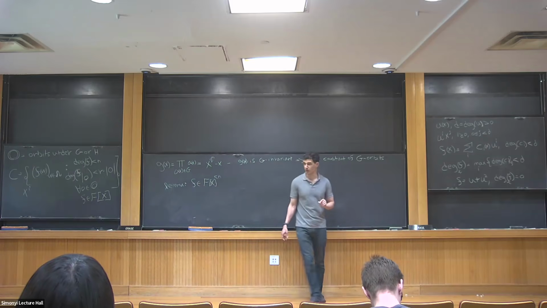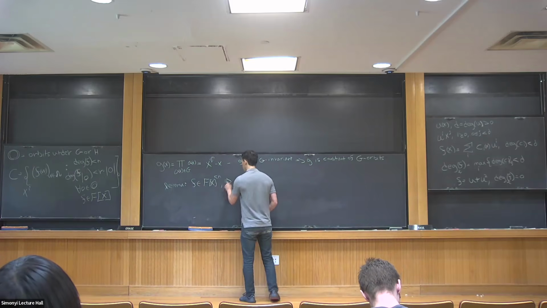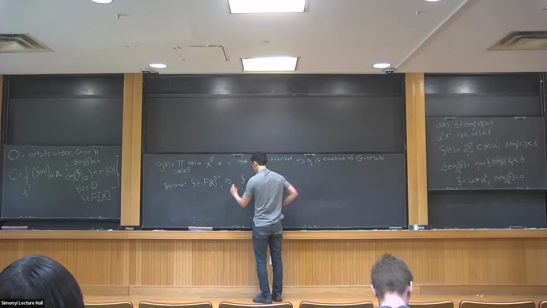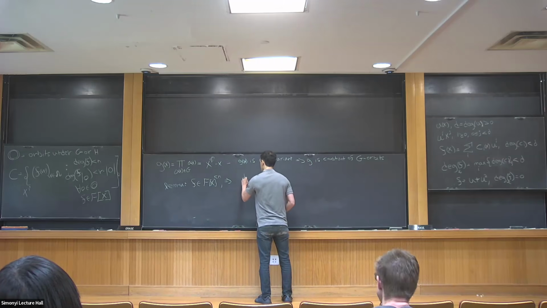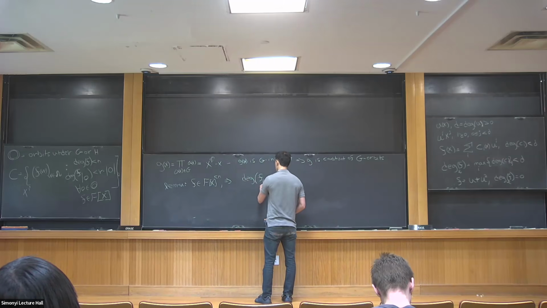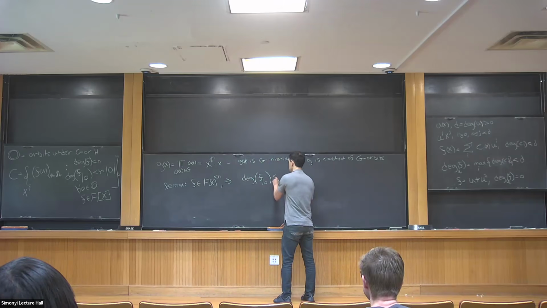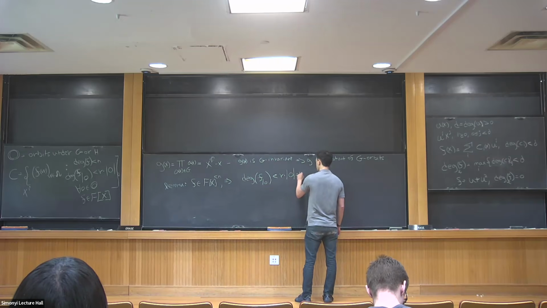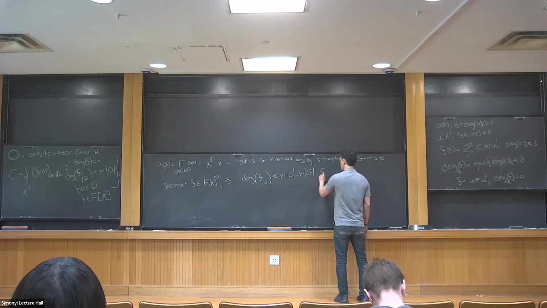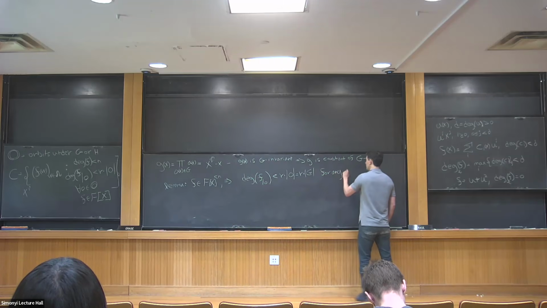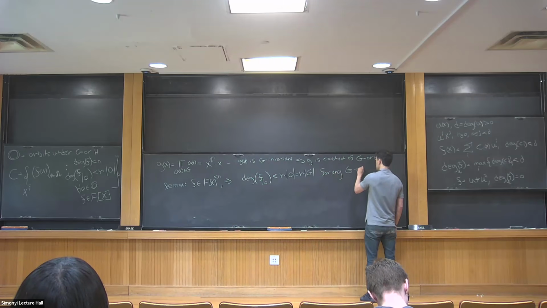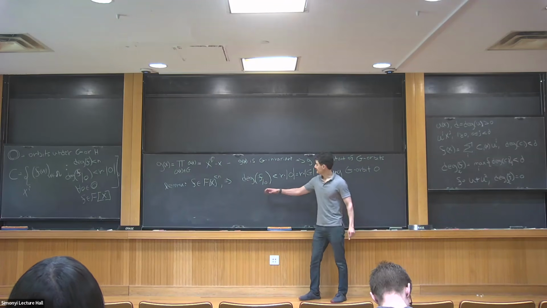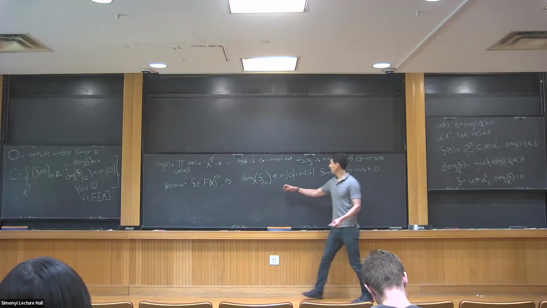Then the degree of f restricted to O is less than r times the size of the orbit, which equals r times the size of G, for any G orbit O.